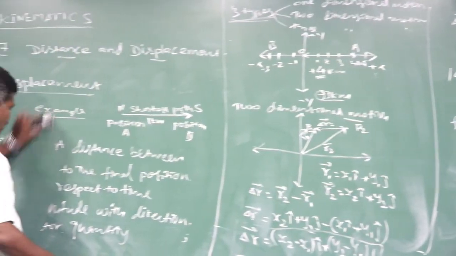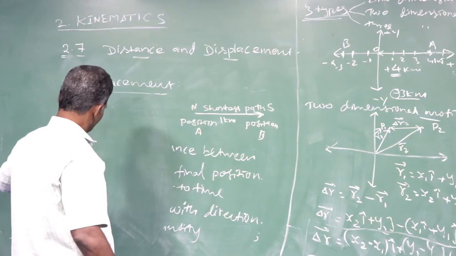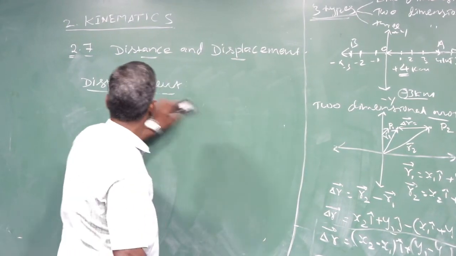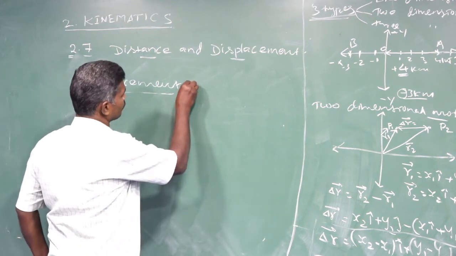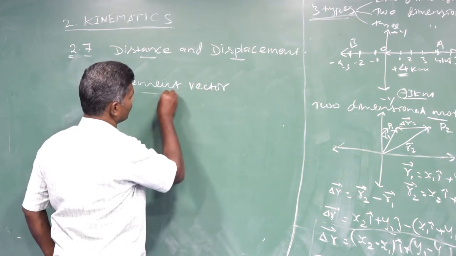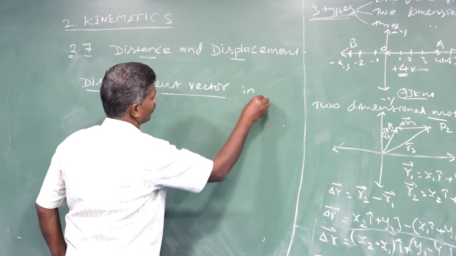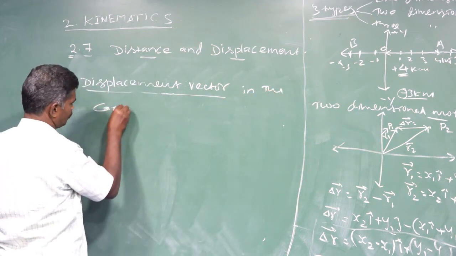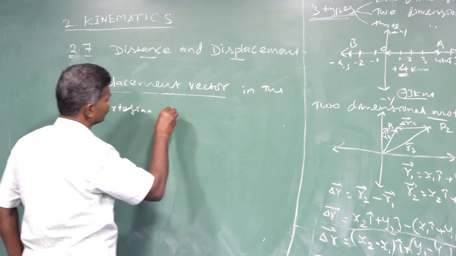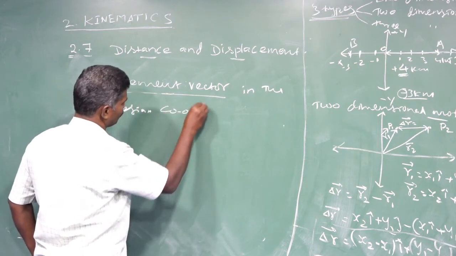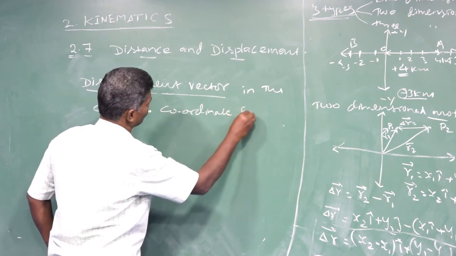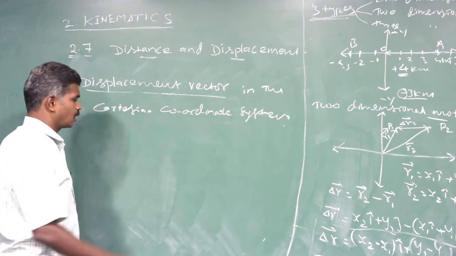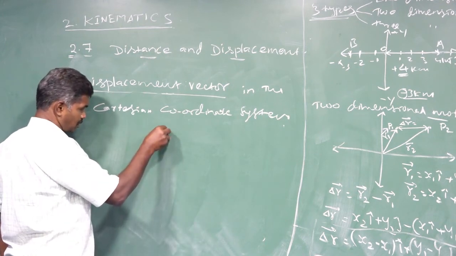We will see the diagram of the displacement vector in the Cartesian coordinate system in a three-dimensional manner.